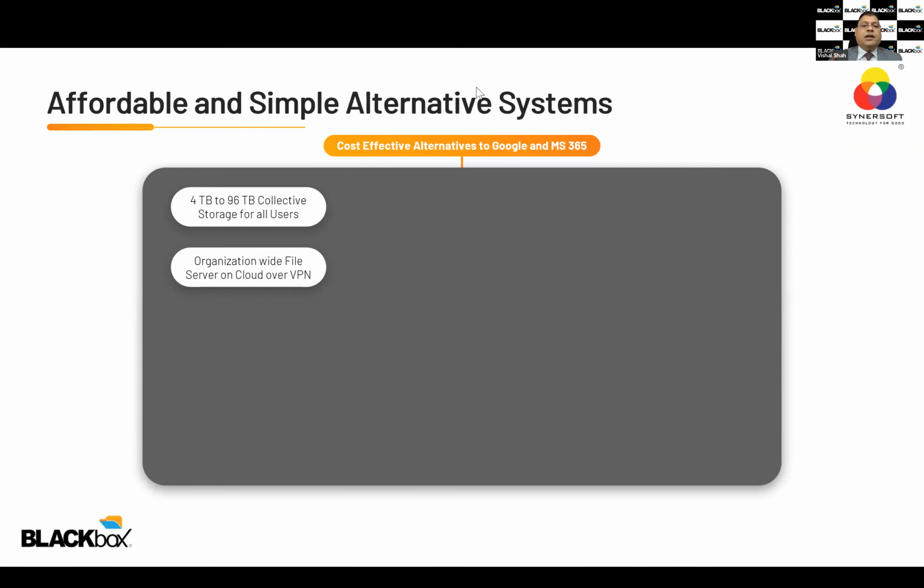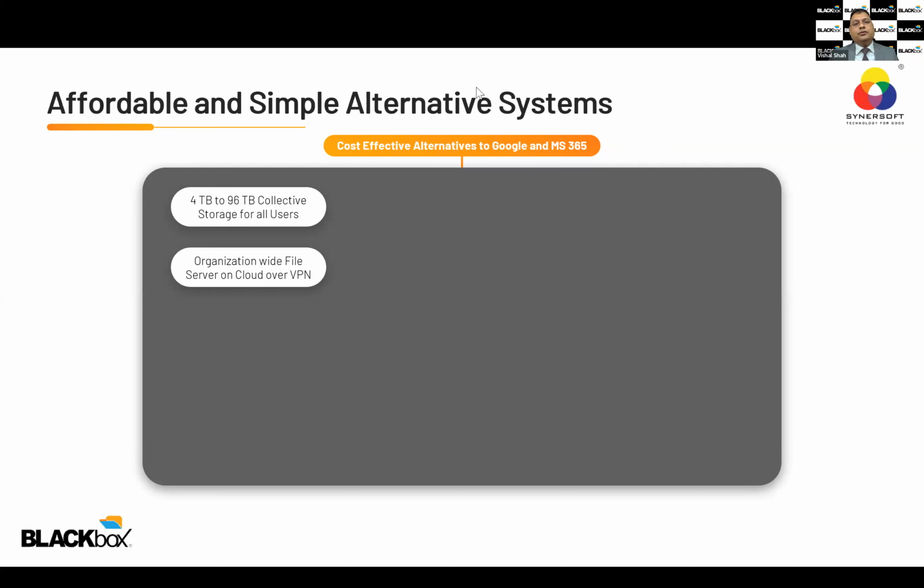And then we will find out the alternatives which meet these requirements, and then we will see those configured, and then we will feel it. So one, we have first large storage space. Then we have an organization-wide file storage server, where we can define permissions on the folders and files. We can have different groups of users or departments have different rights on different folders. So that is another requirement.